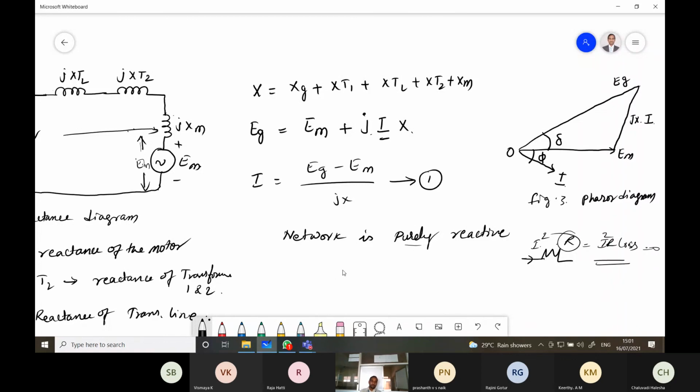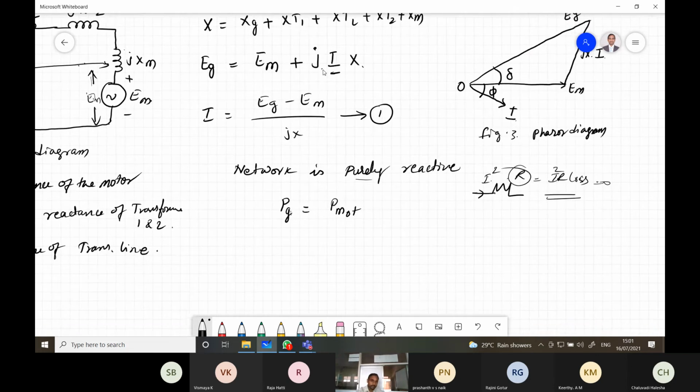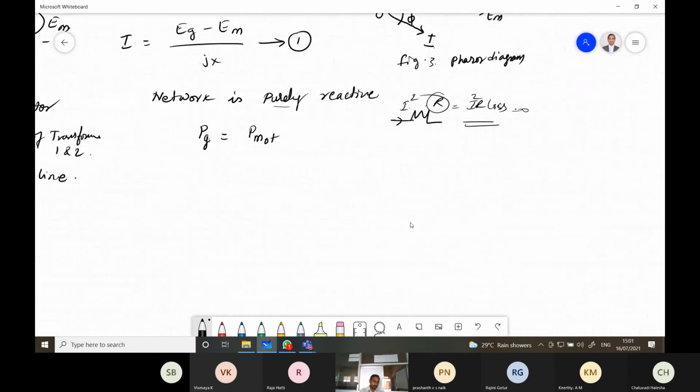So therefore, the power generated is equal to the power received in the motor. Considering this, neglecting the losses, if purely reactive, Pg is equal to P motor. Sending end power is equal to receiving end power, neglecting the losses, because it is a purely reactive circuit.